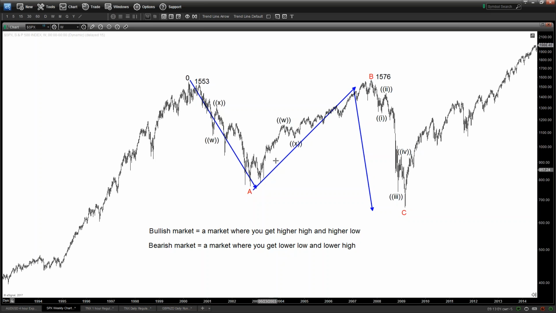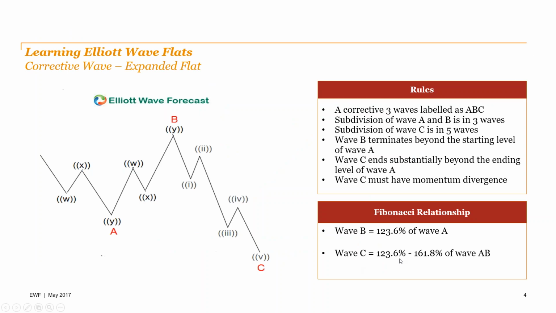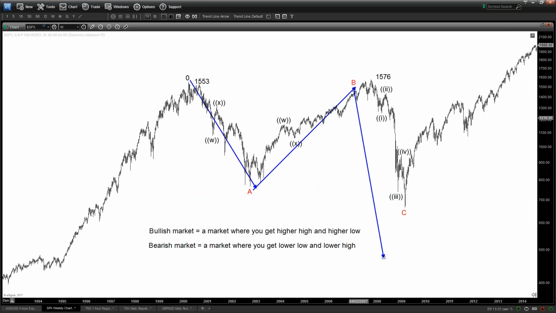This could be a flat because it's a deep retest. So if this is a flat, then the C here can be strong and can even go to more than 161.8%. All right, that is the takeaway point.